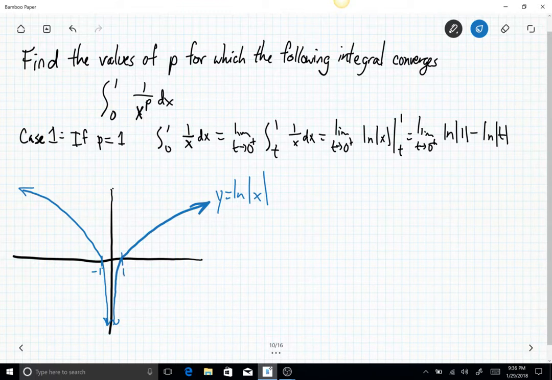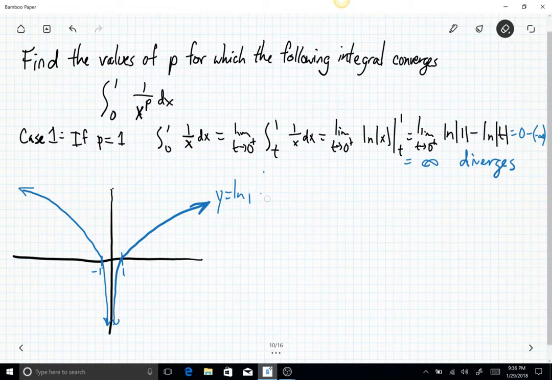Notice as we approach 0 from the right, we go down, down, down to -infinity, so 0 minus -infinity. This equals +infinity, so it diverges. Pretty much all the natural log cases do similar stuff.